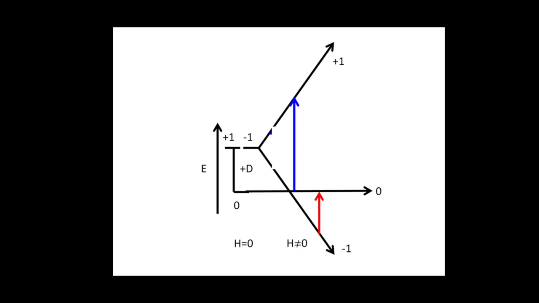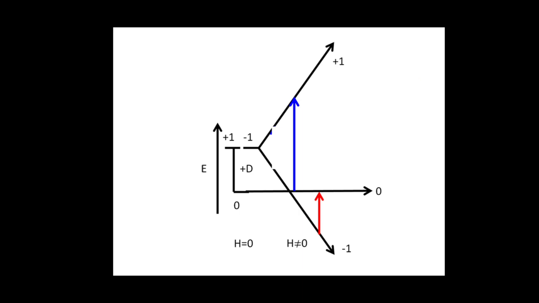So here you can say two different transitions again, this +1 goes below the 0, so you can have a -1 to 0 transition, and also a 0 to +1 transition based on the selection rule.